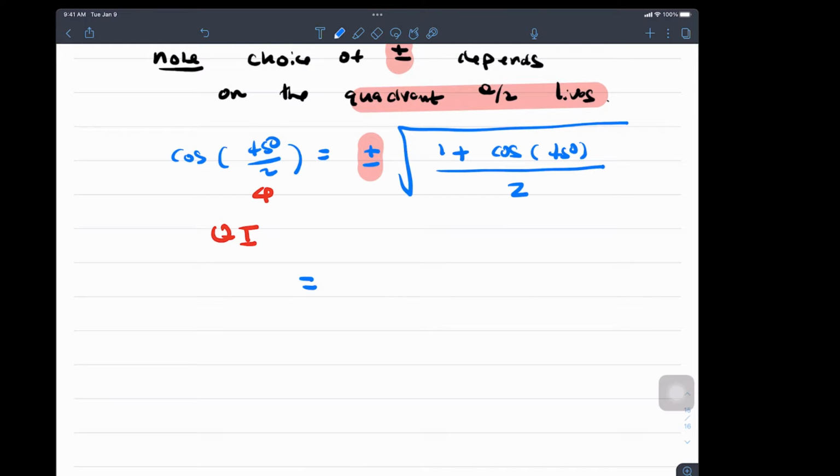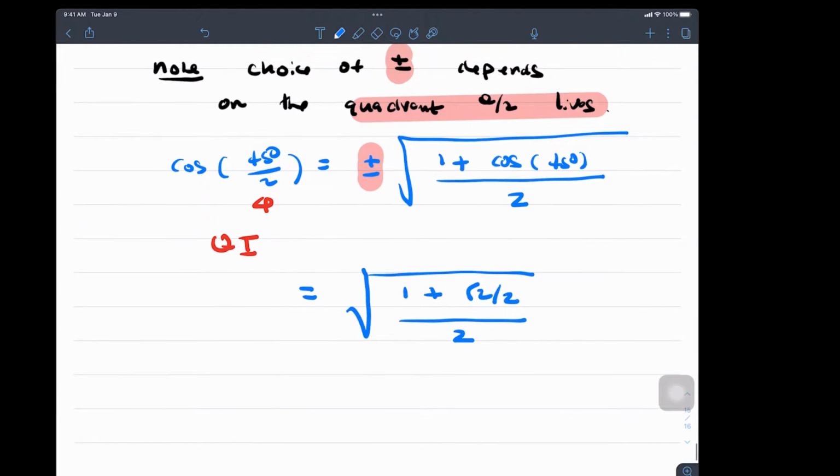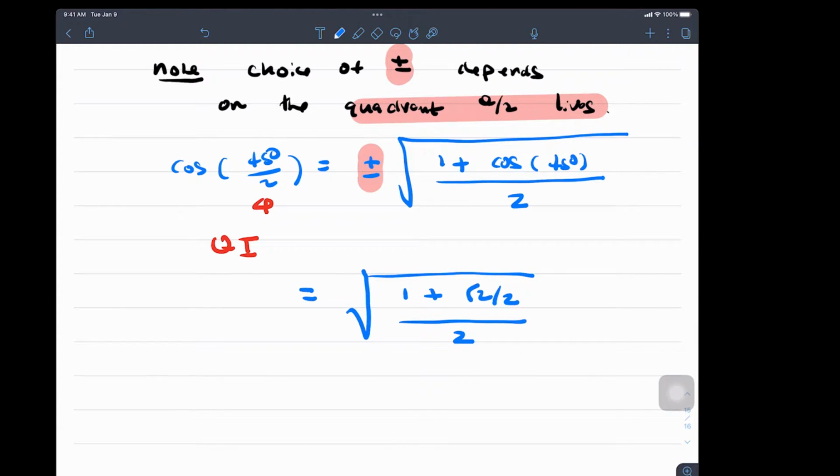So what about 22.5? Is cosine positive or is cosine negative? So this is going to be the positive version. And then what's cosine of 45 degrees? Square root of 2 over 2. Is that right? Now everything over 2. Okay, you guys okay with that?